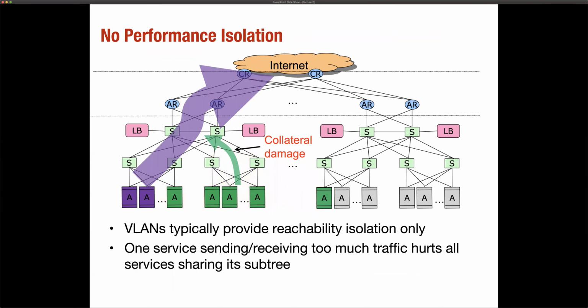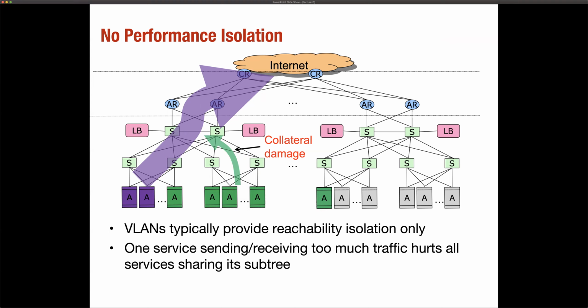And there was no performance isolation as well, because of the nature of the links and the structure that we have in this traditional topology. If one set of services is sending a lot of traffic to the internet, that is going to affect the other set of services. In this example, suppose that the purple service is sending a lot of traffic upstream to the internet.